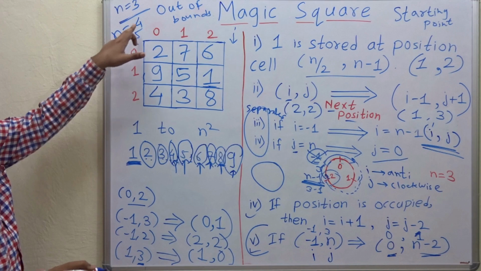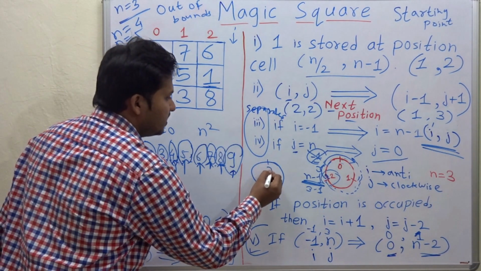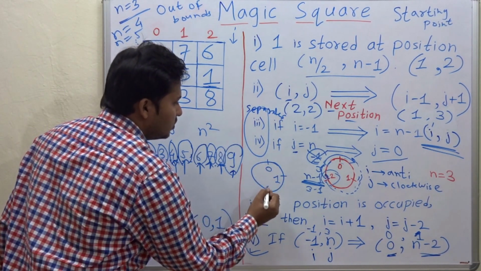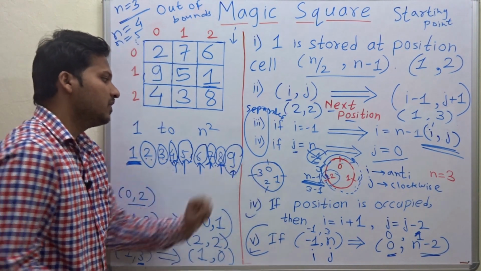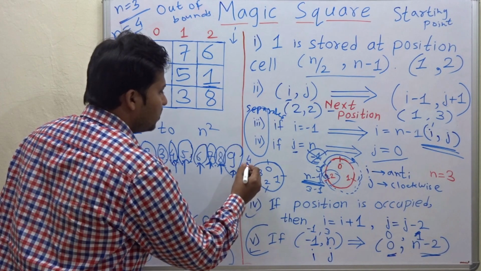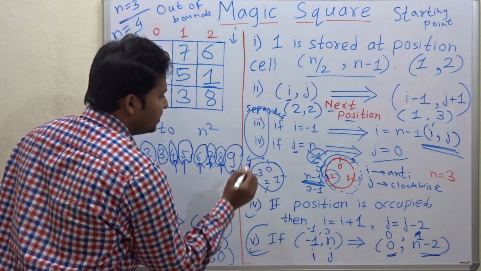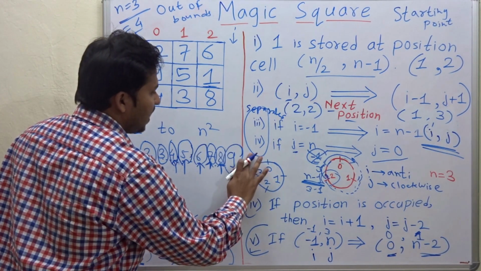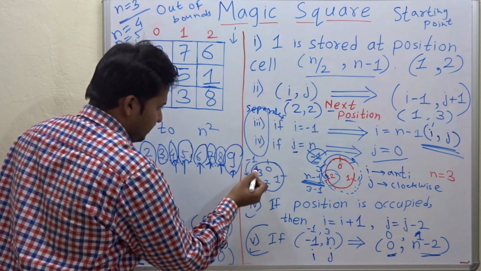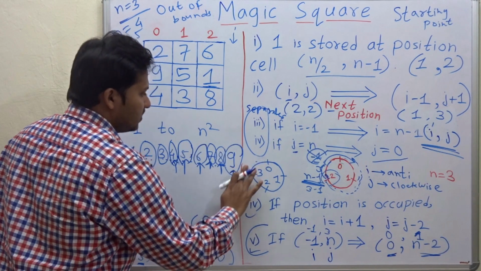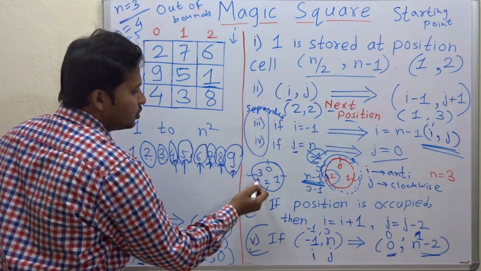If n is equal to 4, then it will be 0, 1, 2 and 3. Okay. After 3, if j is 4, then it will be wrapped to 0. And if i becomes -1, then it will be wrapped to 3. Okay. So the circle will be like 0, 1, 2, 3.